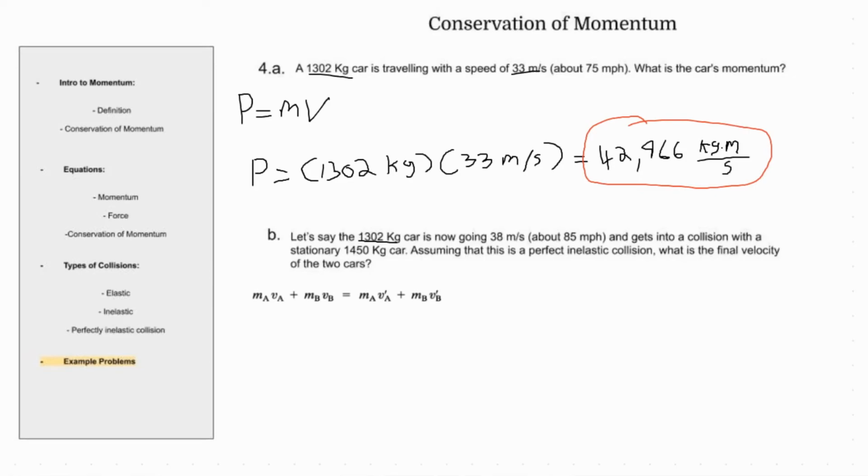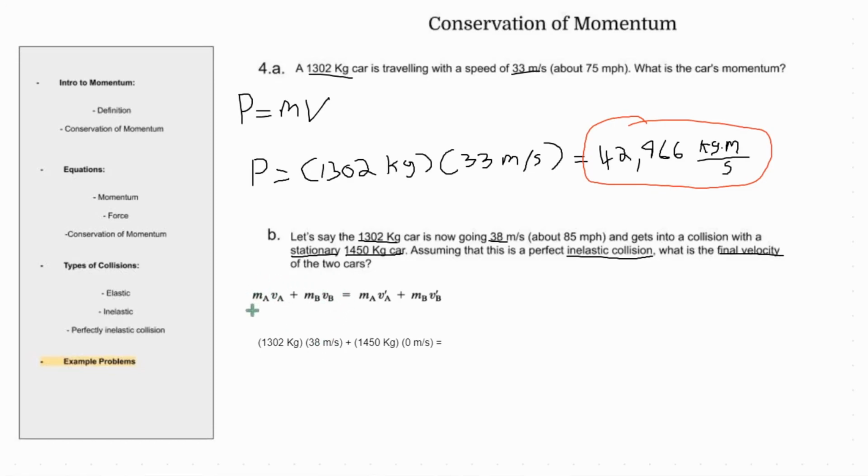So they've given us the mass of the first car, the velocity of the first car, the fact that the second car is stationary, which means the velocity is 0, and the mass of the second car. It tells us it is an inelastic collision and asks us to find the final velocity of the two cars. What I usually like to do is fill out one part of the equation that we already know.